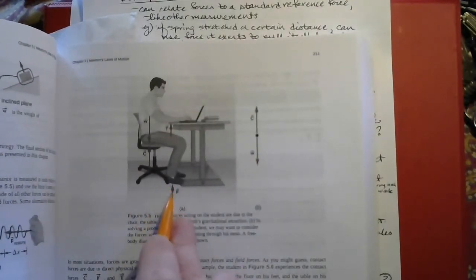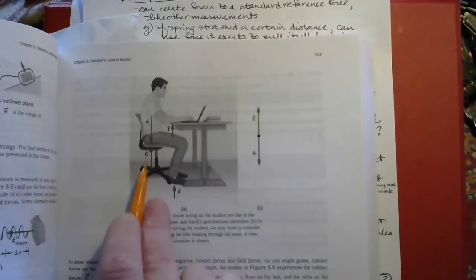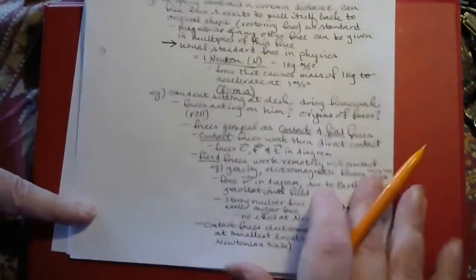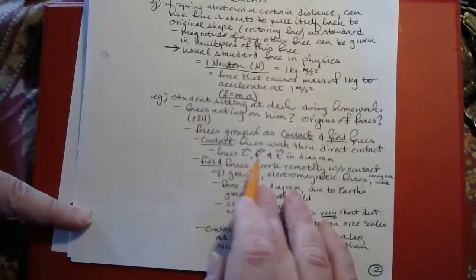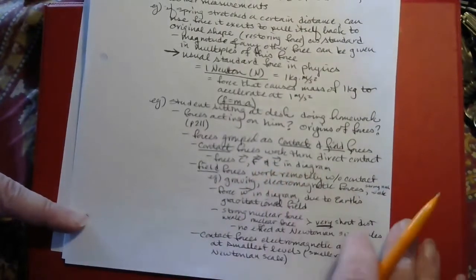The force of the floor pushing up against him, that's a direct contact force. There's the force of the chair pushing up on him, that's a direct contact force, and so on. So basically the chair pushing up on him, the floor pushing up on him, and him leaning on the table, those are direct contact forces.